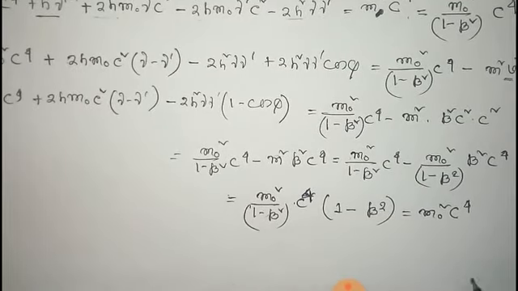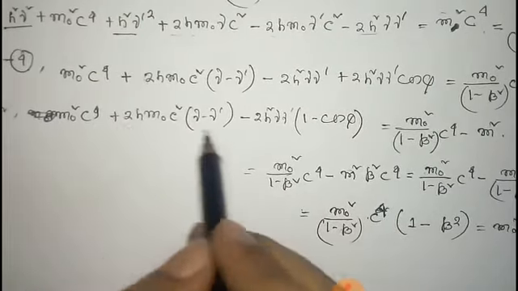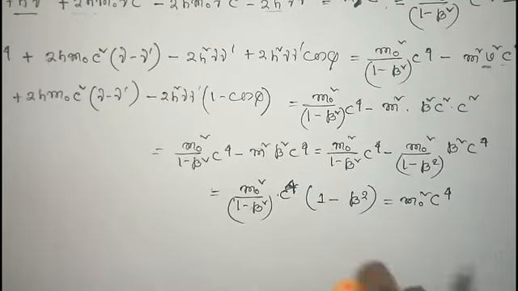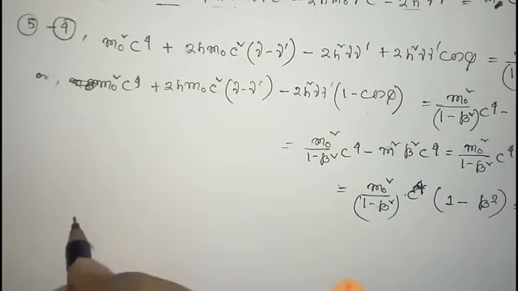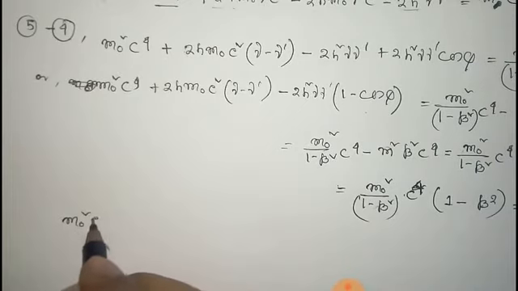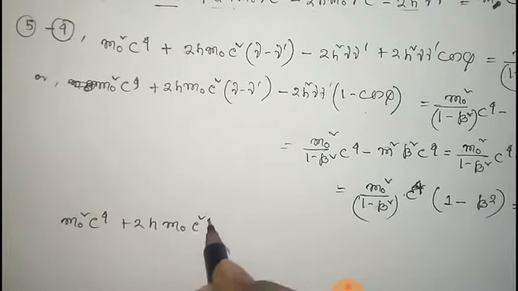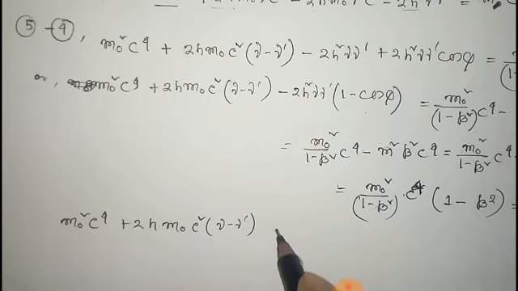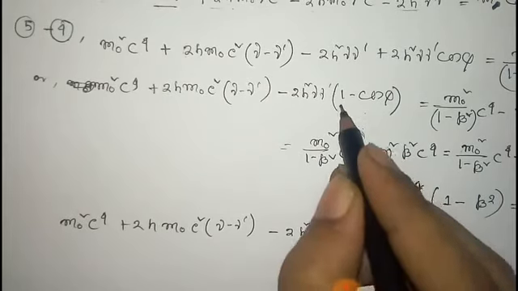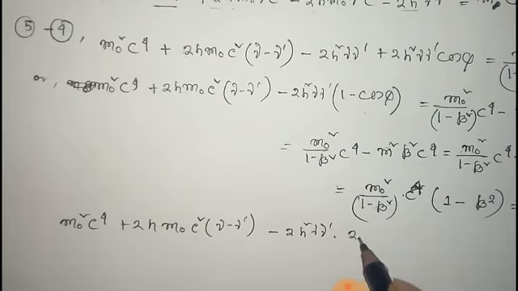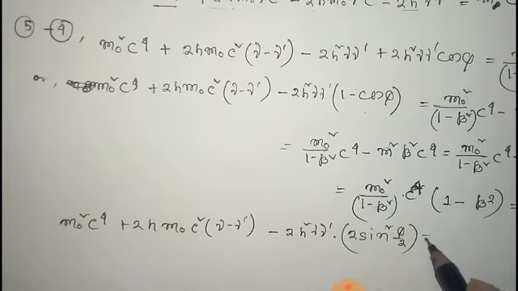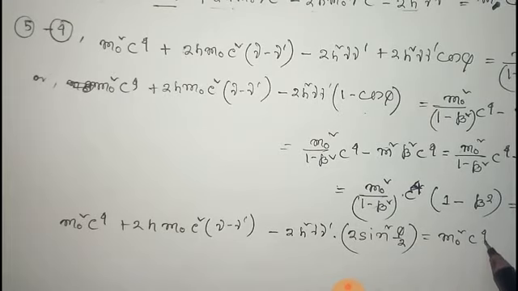Thus we get m naught square c to the 4 plus 2h m naught c square nu minus nu prime minus 2h square nu nu prime, and this can be written as 2 sin square phi by 2, that is equal to m naught square c to the 4.